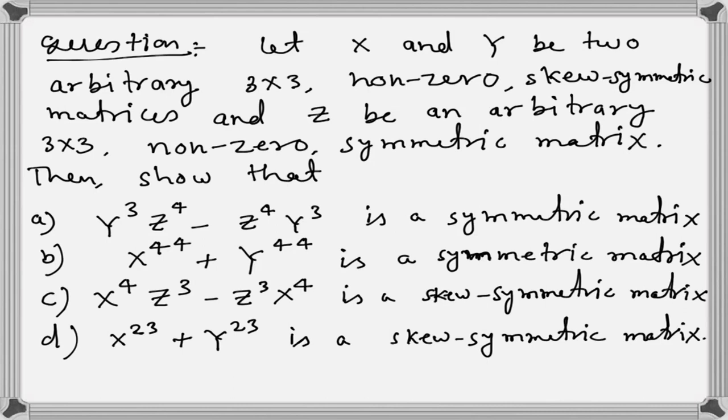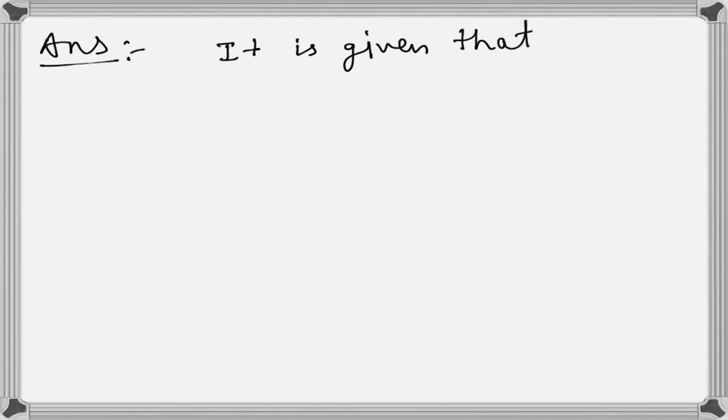So let's solve it. Okay, so it is given that X transpose is equal to minus X, Y transpose is equal to minus Y, and Z transpose is equal to Z, because X and Y are skew symmetric matrices and Z is a symmetric matrix.